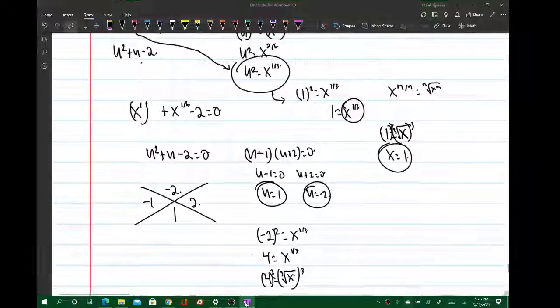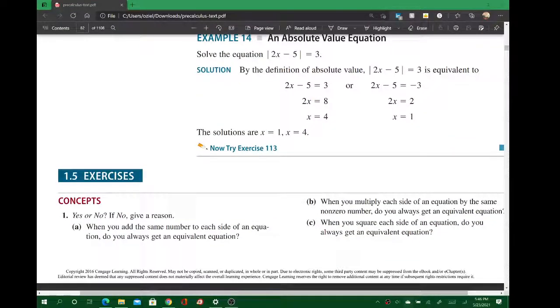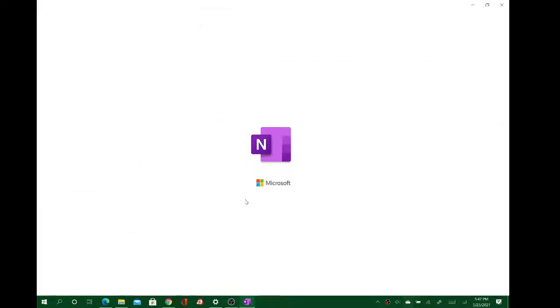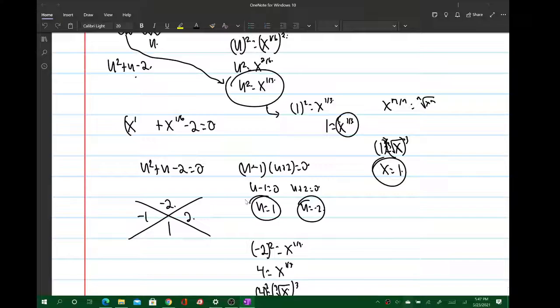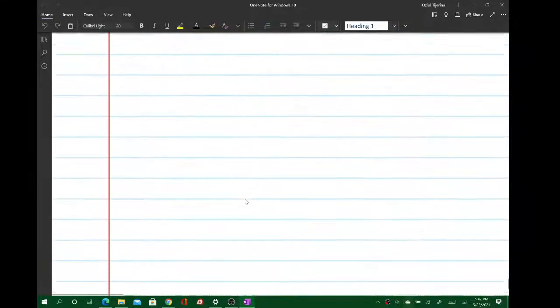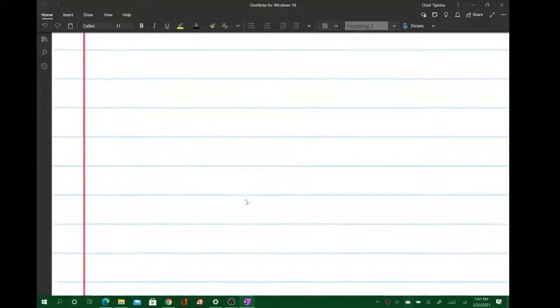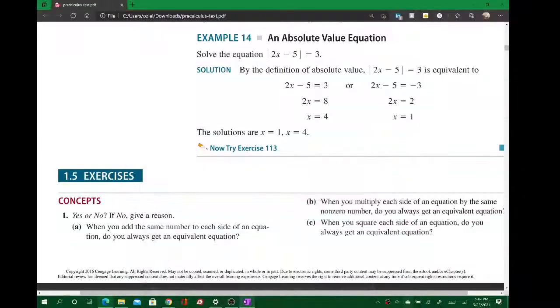Absolute value equations, these are also important. In calculus, you do use absolute value equations when you do integrals, not derivatives, because you cannot do derivatives of absolute value.